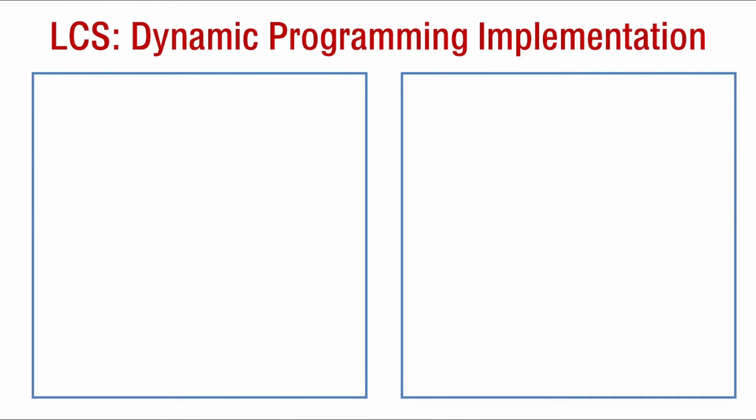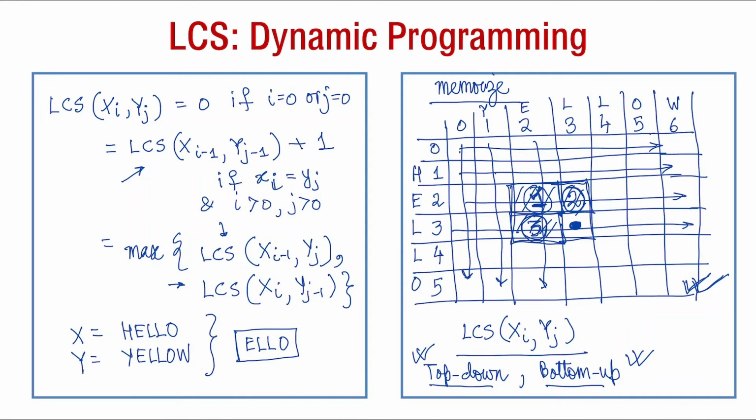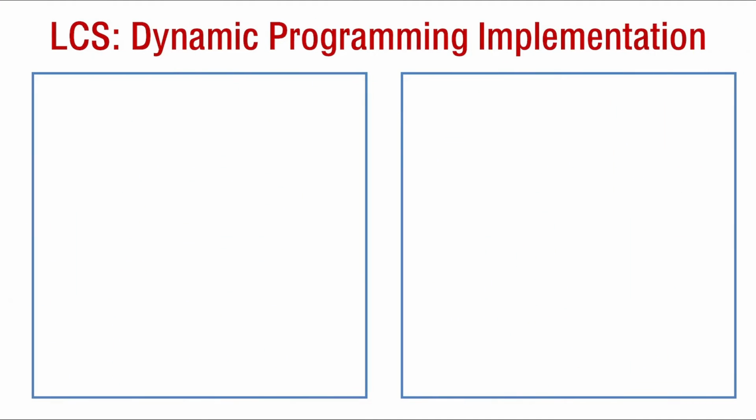So now we will develop the iterative algorithm. As just mentioned, we will do this iterative algorithm row-wise. We will first initialize the first row and the first column to all zeros as per the definition, and then we will work out the whole method.